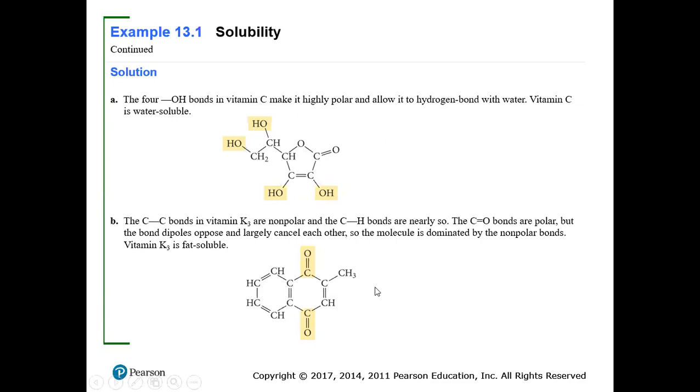Here in this vitamin, we see a couple of groups that have oxygens that are polar, but they're on opposite sides of each other and mostly opposing each other, so they kind of cancel each other out. So overall, this molecule would be nonpolar, which would make it fat soluble.